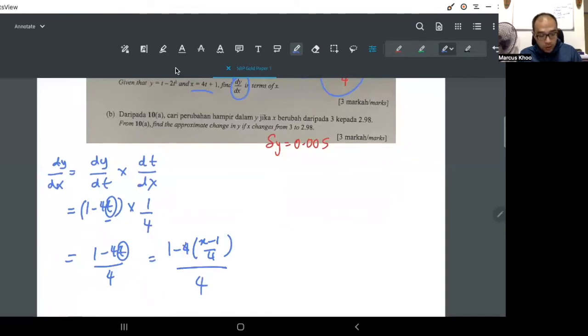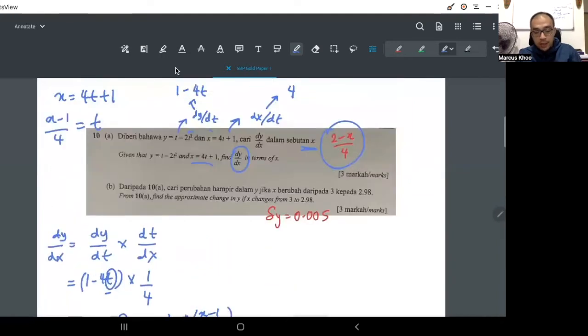This will give me 2 minus x over 4, which is this answer. So a little bit of work is involved here because you have to find it in terms of x, not in terms of t.